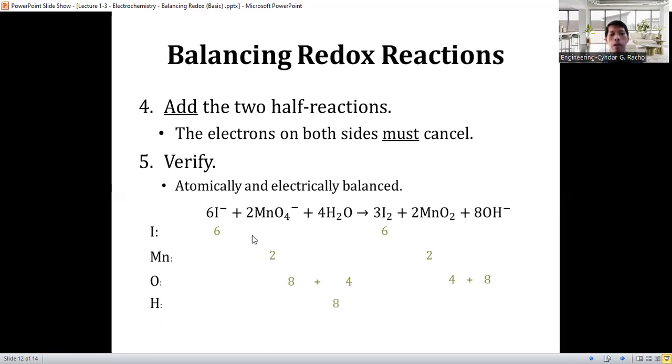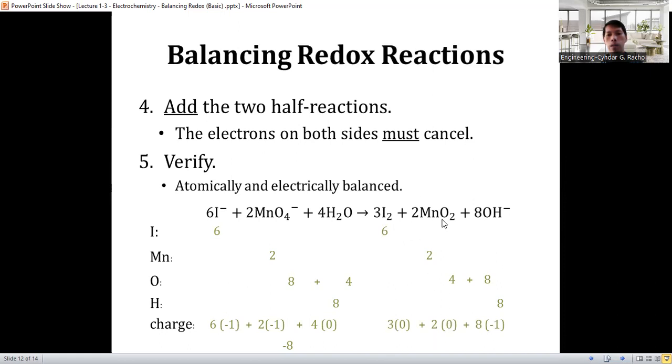So the same. How about your H? So you have 4 times 2, you have 8. And then you have 8 times 1, you have 8. So balance. How about the charge? Let's see. We have negative 1. We have 2 times 1 plus your 4 times 0 kasi wala siyang charge. And then you have total, you have negative 6 plus negative 2, you have negative 8. On the right side, you have 3 times 0, kaya wala siyang charge.